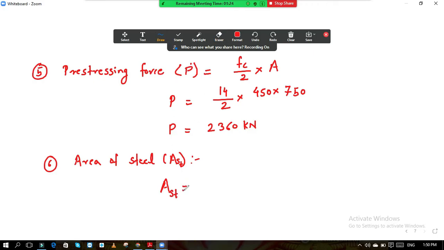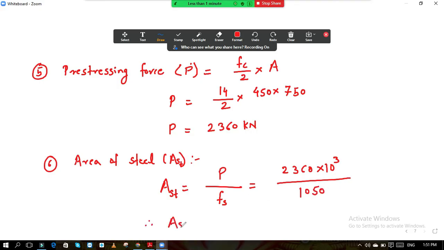AST is equal to 2360 into 10 raised to 3 divided by Fs. First of all I will write the formula so that it will be easier for you. The formula is prestressing force P divided by stress in steel, which is equal to 2360 into 10 raised to 3 divided by 1050.